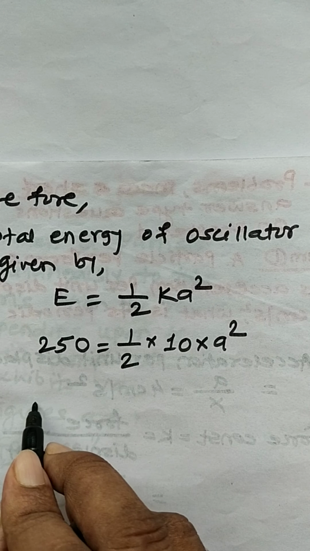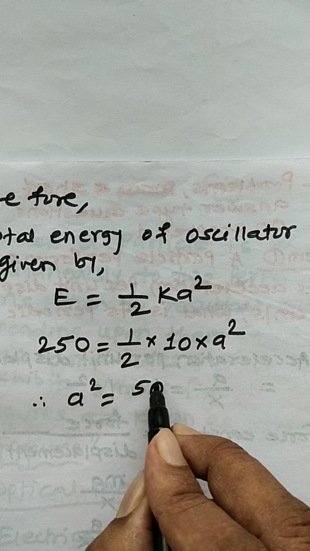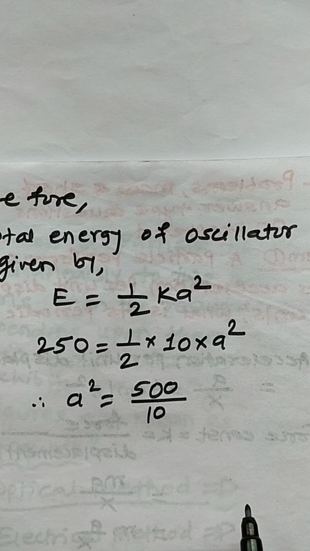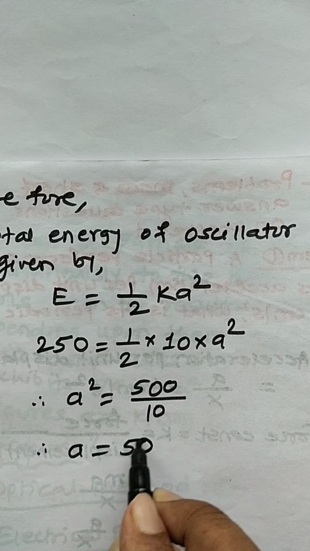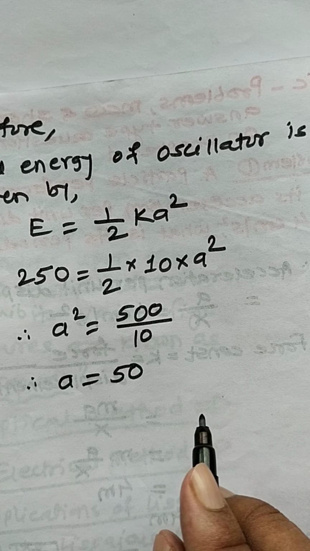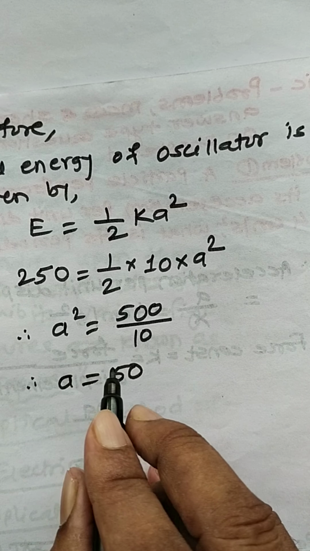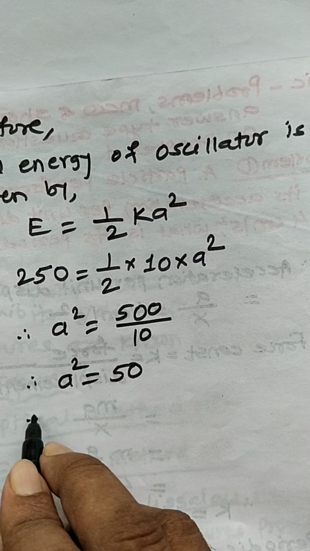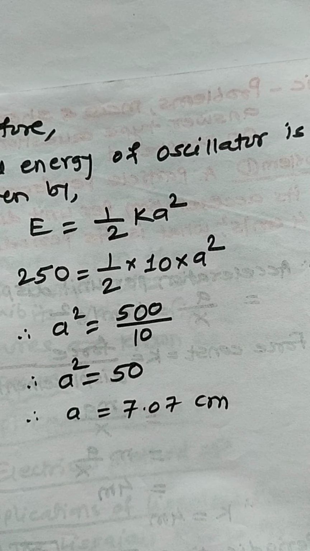Therefore a square is equal to 500 divided by 10, so a square is equal to 50, and therefore a is equal to 7.07 centimeter.